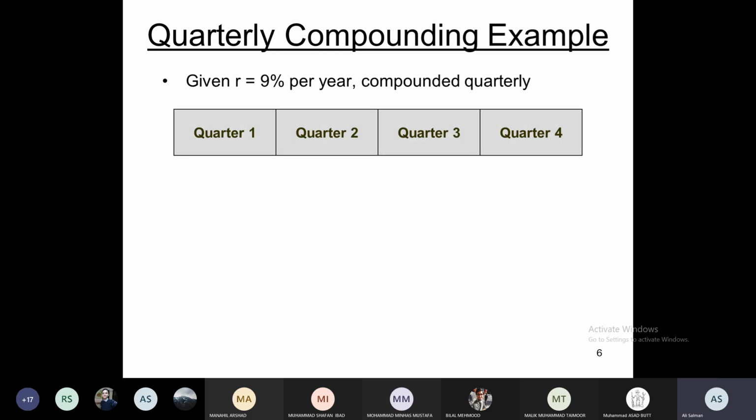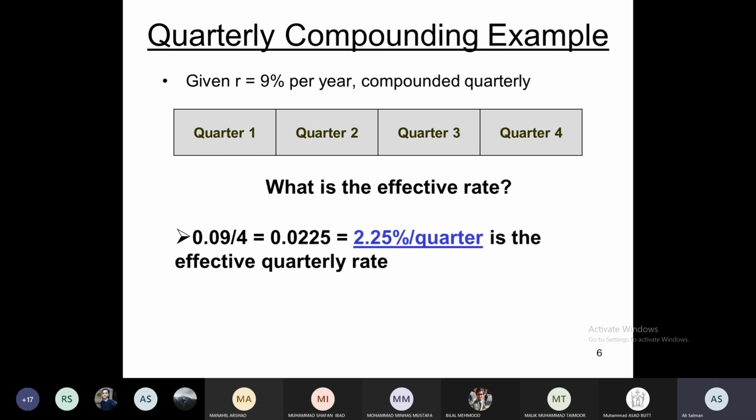So, there are 4 quarters in a year. After 3 months there will be a quarter, so there are 4 quarters in a year. Effective quarterly rate is 0.0225 or 2.25% per quarter.